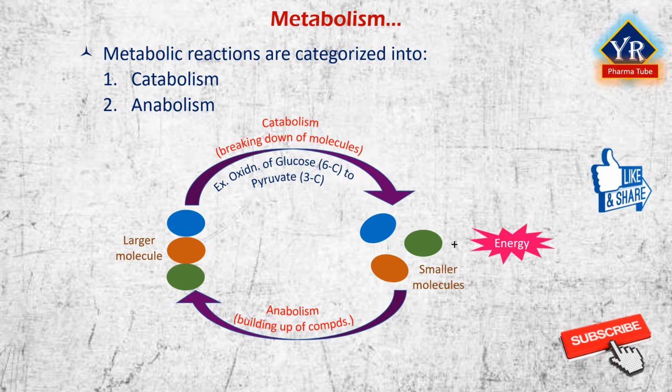Anabolic reactions usually require or consume energy in order to proceed. For example, the synthesis of proteins from amino acids is an anabolic process. The figure shown here explains a catabolic process, which is a forward reaction, and an anabolic process, which is a reverse reaction.